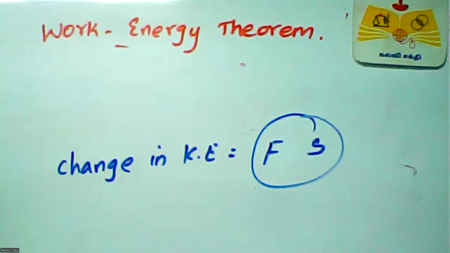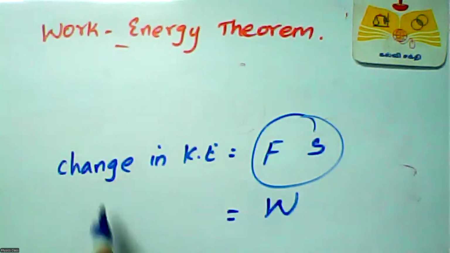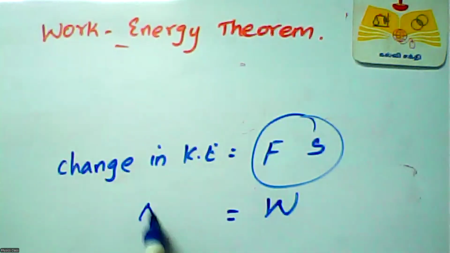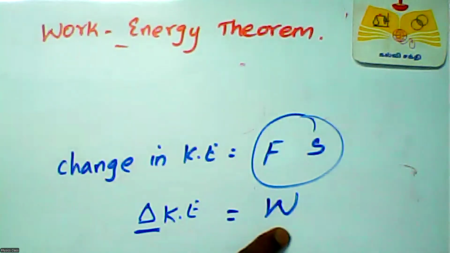F dot S means work done, that is W. So change in kinetic energy, I can put a symbol, del. Del K is equal to W. That means the work done by the force is equal to the change in kinetic energy.